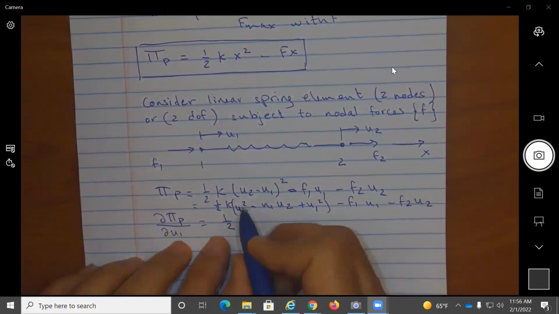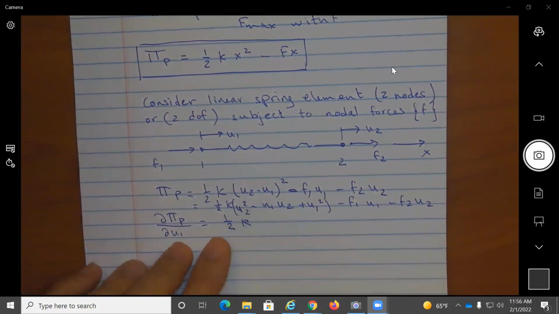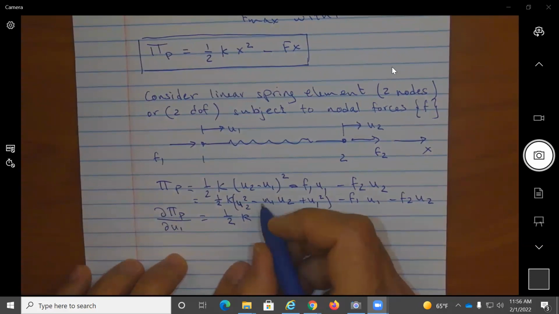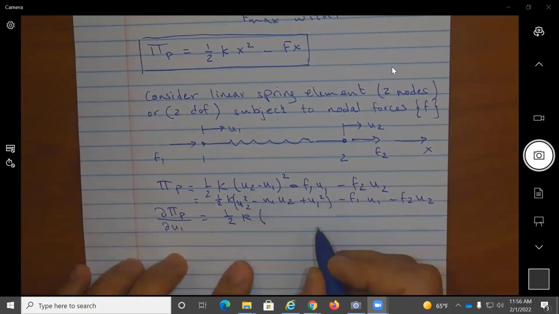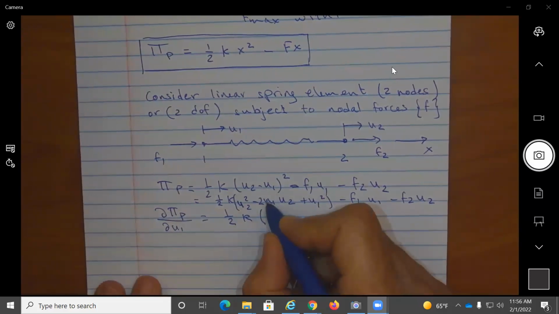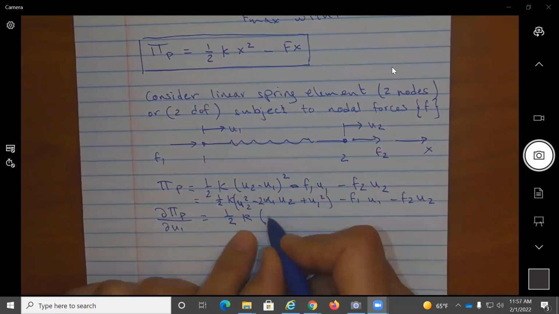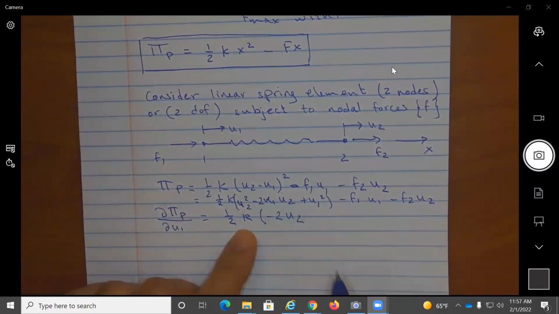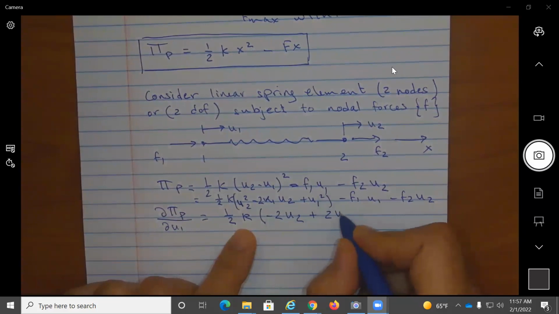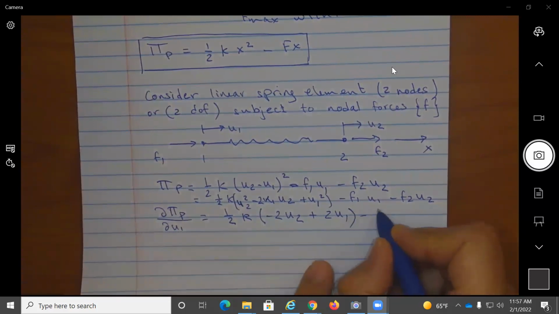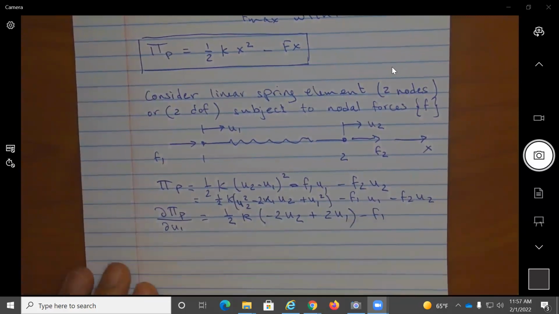So here I have a half times K, and I'm taking it with respect to U1. So I have a 0. Then I have here minus 2 U2 plus 2 U1, close the bracket. And here I have a minus F1 and a 0.